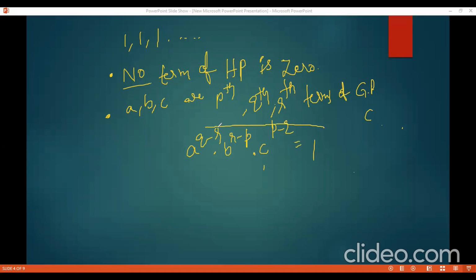Okay? This is very important to read, when A, B, C are the pth, qth and rth terms.